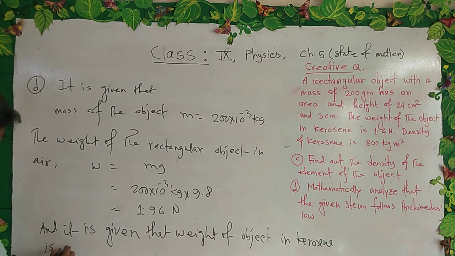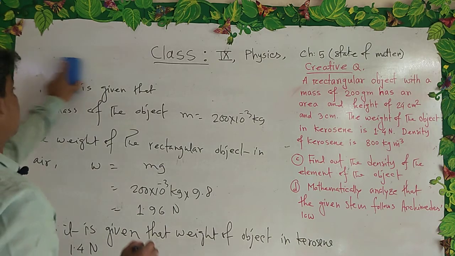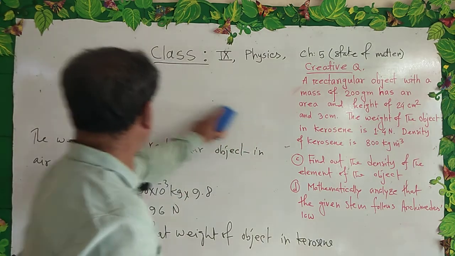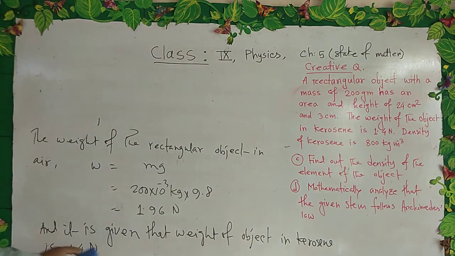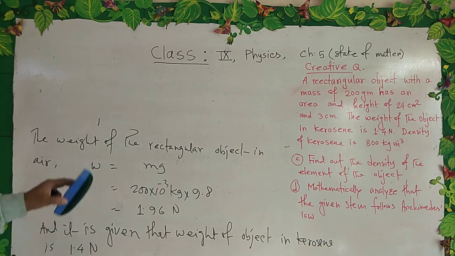It is 1.4 Newton. So dear students, from this information we get the weight of the object in kerosene 1.4 Newton, and side by side we also got the weight of the object in air is 1.96 Newton.